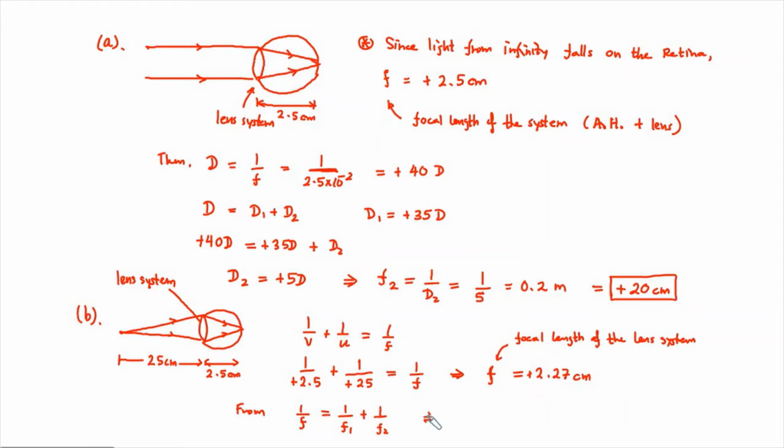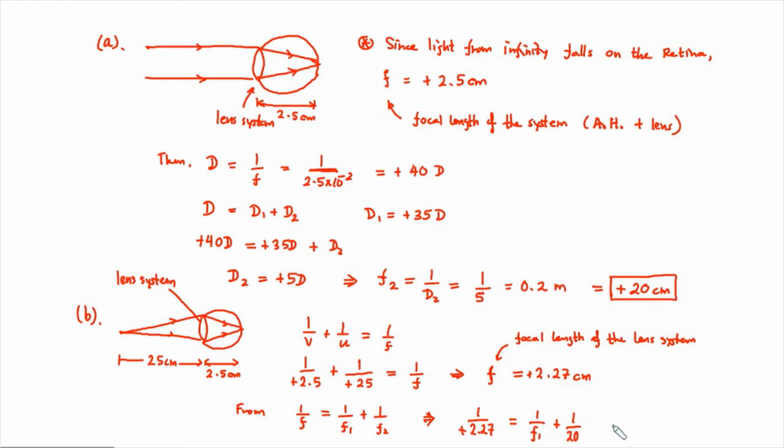So you have 1 over F is equal to 1 over plus 2.27 centimeters, and then 1 over F1, that is what we need to figure out, plus 1 over F2, which is 20 centimeters, so I'm going to substitute 20 over there, because that's the focal length of the aqueous humor.